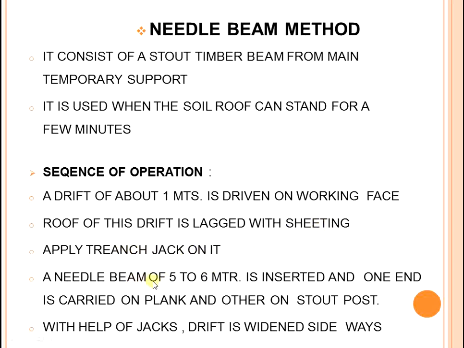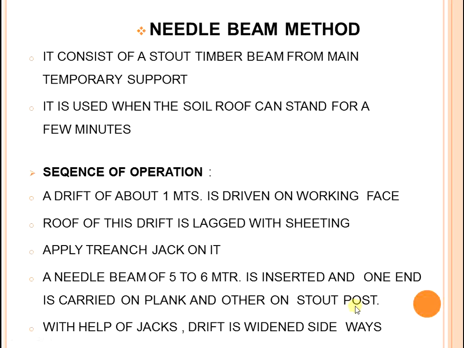Next, the needle beam of 5 to 6 meters is inserted, with one end carried on a plank and the other on a stout post. After driving and applying the trench jack, we insert the needle beam up to 5 to 6 meters into the inner side of the tunnel or soft strata.